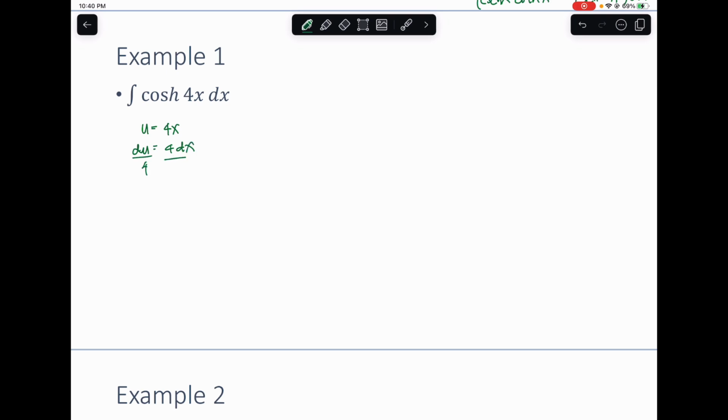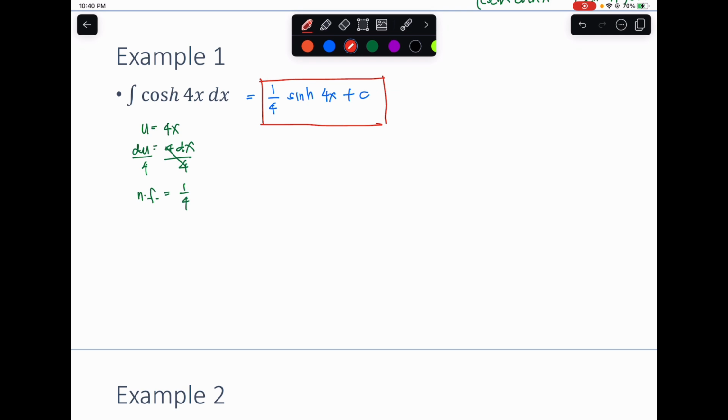So dividing both sides by 4, our neutralizing factor is equal to 1/4. So from here, we can write that the answer would be 1/4 times the integral of hyperbolic cosine, which is hyperbolic sine of 4x, plus c. So that's a direct application of the integral of hyperbolic cosine.